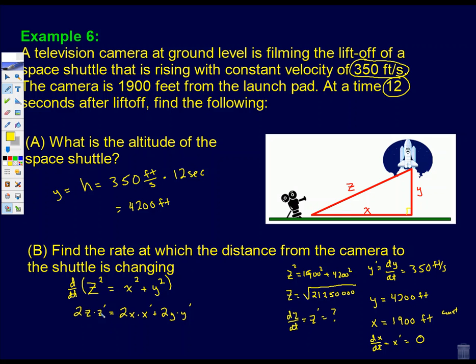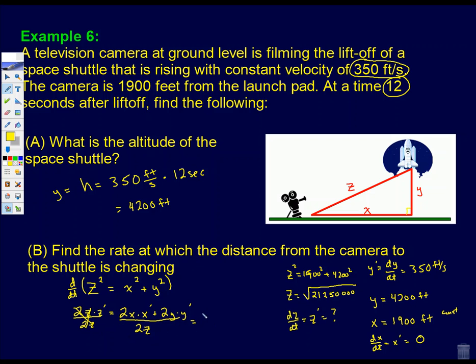So we're going to fill all this in. In fact, what I'm going to do is divide right now by 2z, and put that here. And now I can just fill this in.